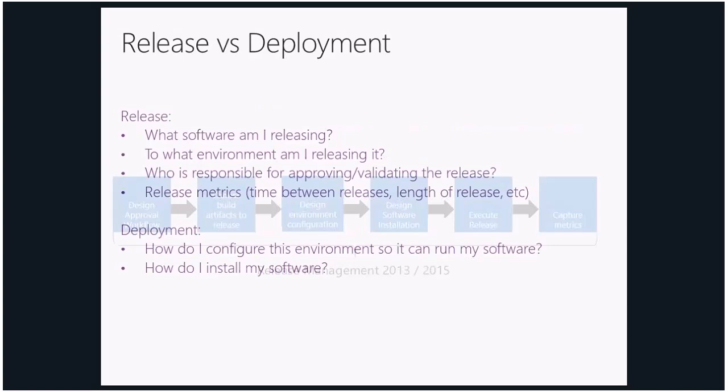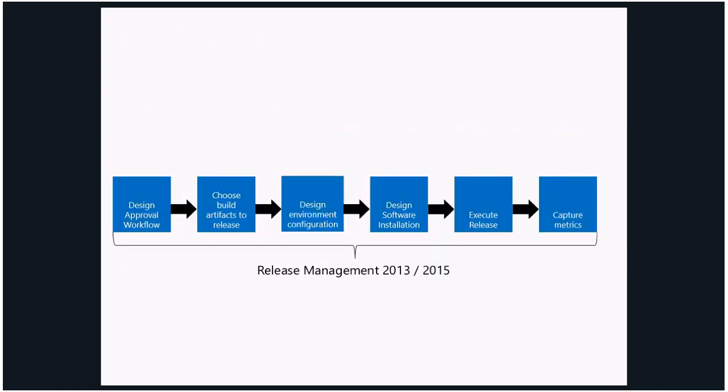So to look at it in a slightly different way, a kind of typical release and deployment workflow with Release Management 2013 and 2015, the Release Management Server, would be you'd start by designing an approval workflow.